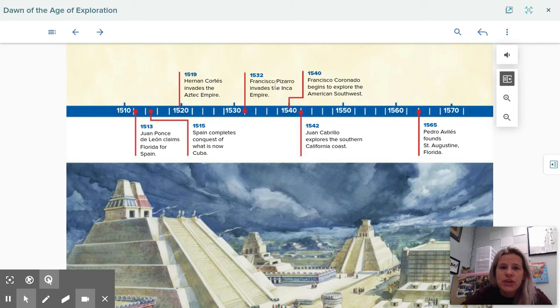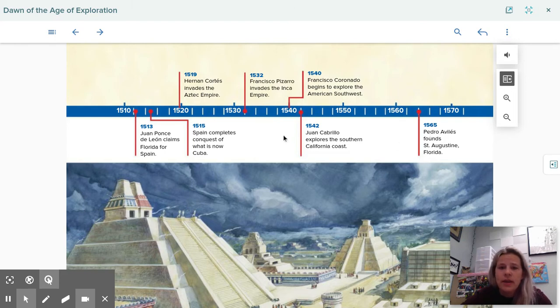In 1532, Francisco Pizarro invades the Inca Empire. In 1540, Francisco Coronado begins to explore the American Southwest. In 1542, Juan Cabrillo explores the southern California coast. And then in 1565, Pedro Menendez founds St.